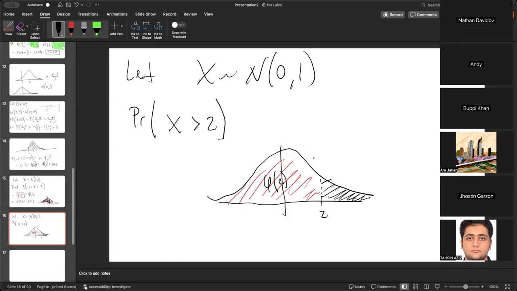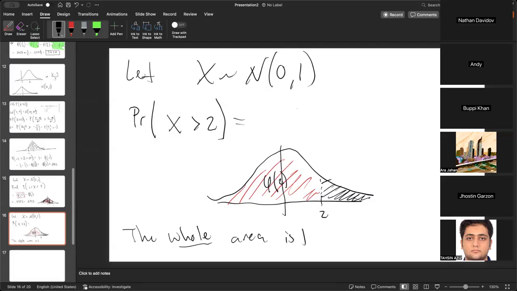And the whole thing, since it's a probability density function, needs to add up to 1. So the whole area is 1.